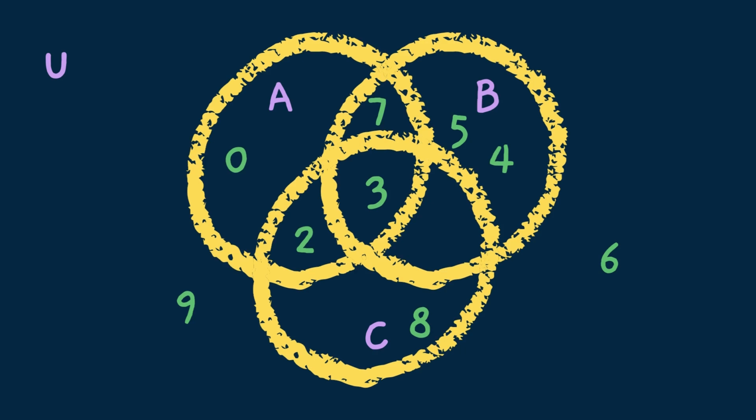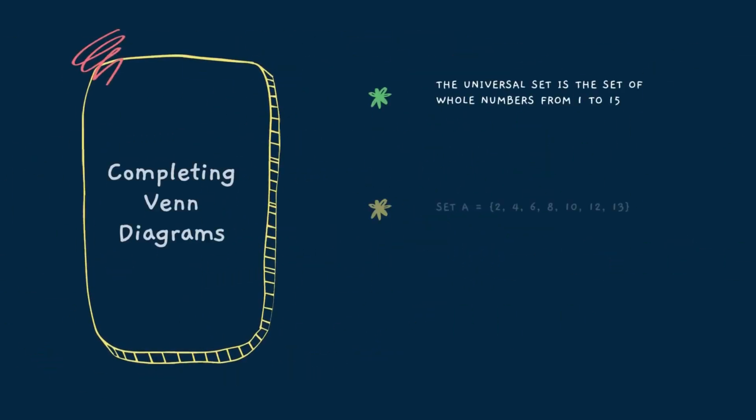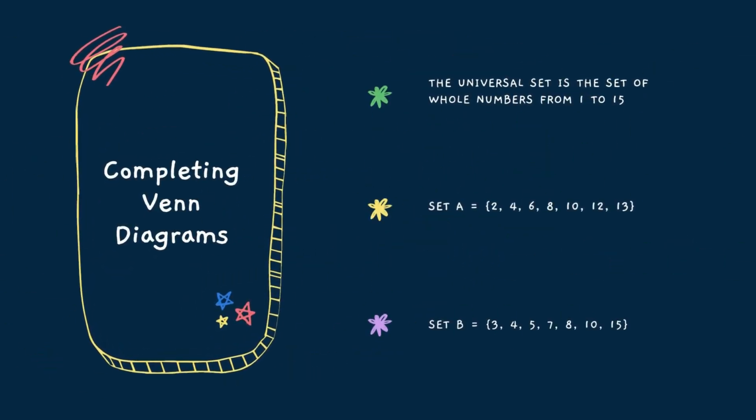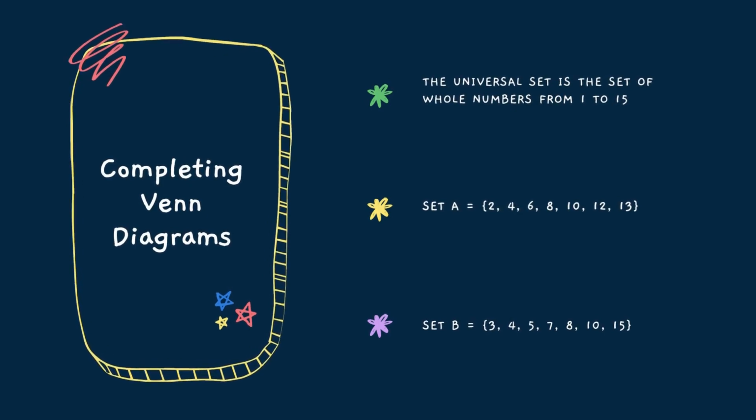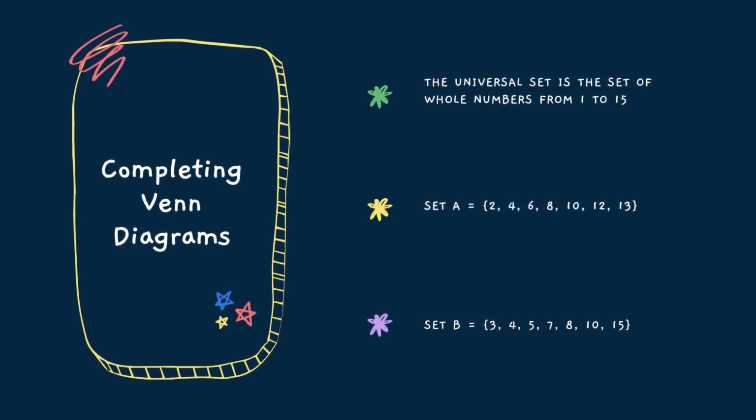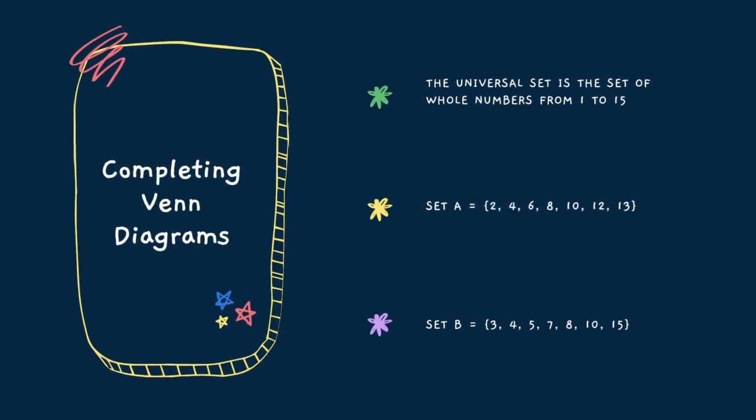Sa lesson na to, meron tayong dalawang activities na gagawin. First activity is completing Venn diagrams. Sa activity na to, laging given ang universal set and at least one set. In this case, given sa universal set as the set of the whole numbers from 1 to 15.